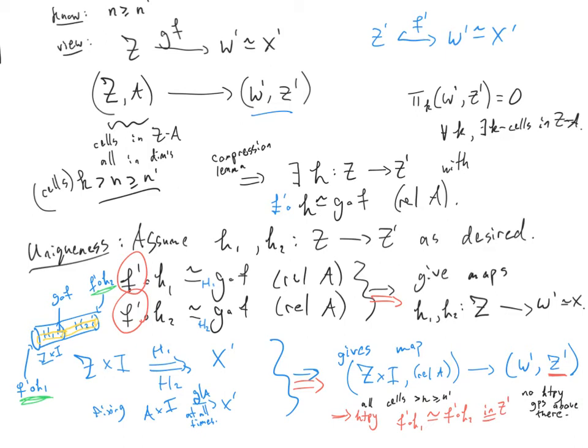And that now means, in Z prime, unwind these F primes, and so that's a homotopy of H1 and H2 as desired. So it's really just the compression lemma in both cases.